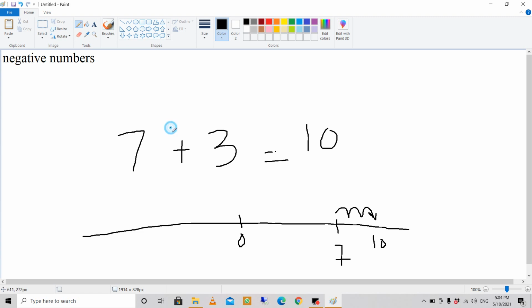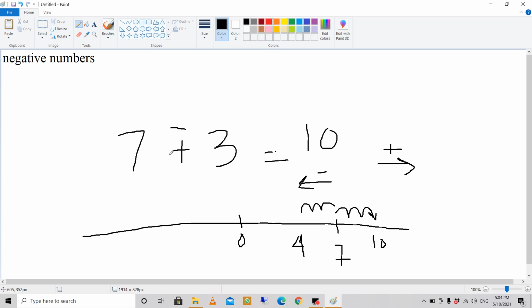If the question was 7 minus 3, the negative means moving towards the left side. So 7 minus 3 will be equal to 4. We have to move 3 steps towards the left side on the number line. So adding means moving on the right side, and subtracting means moving towards the left side.